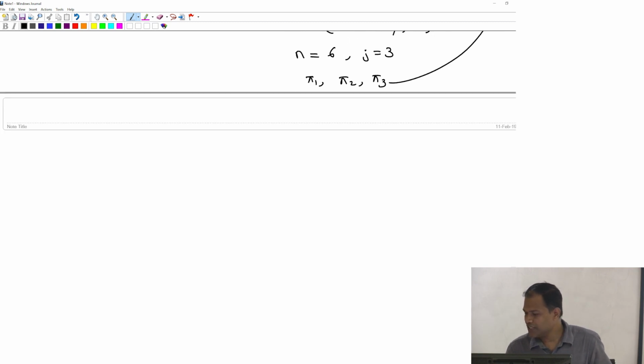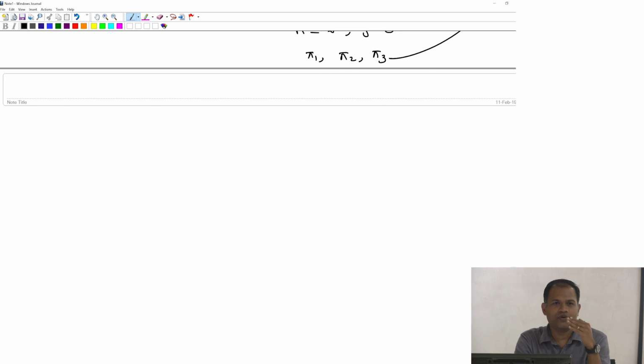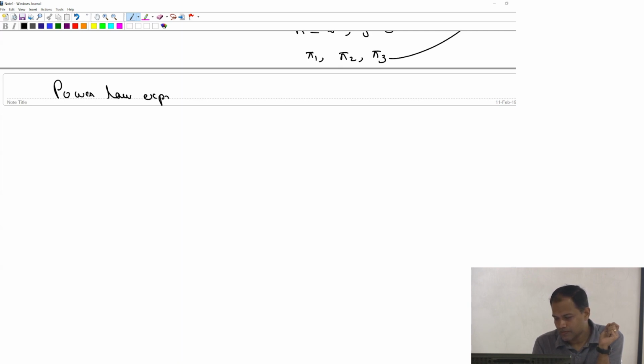So one of the crucial things that you have seen in this step is that you can write down the dimensions of any physical variable as a power law expression. So I mentioned it a few classes before, that we have written down the dimensions of any variable as a power law expression.